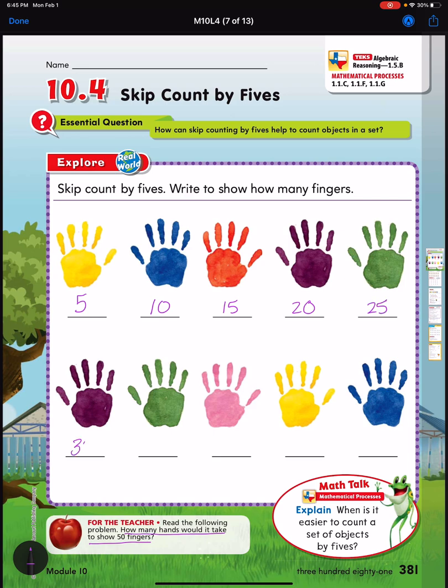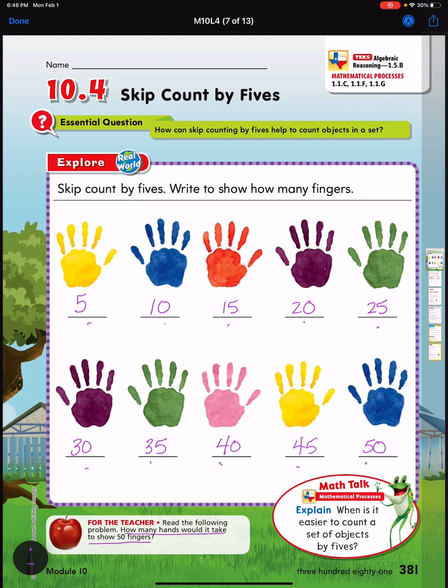And then 30, 35, 40, 45, and then 50. So as we're counting by fives, we are increasing by 5 each time. Just a quicker way to count. 5, 10, 15, 20, 25, 30, 35, 40, 45, 50.